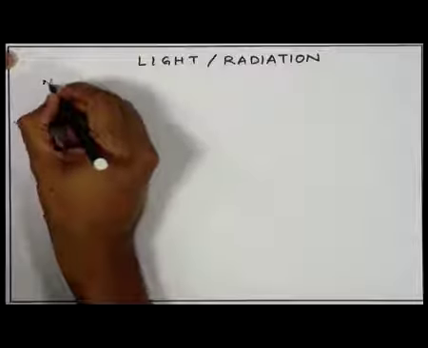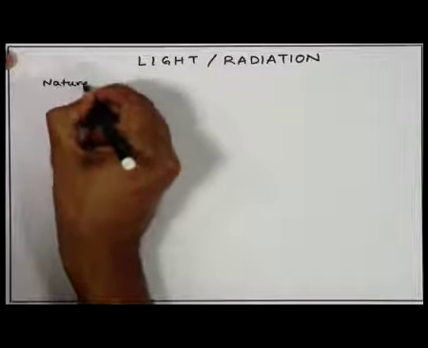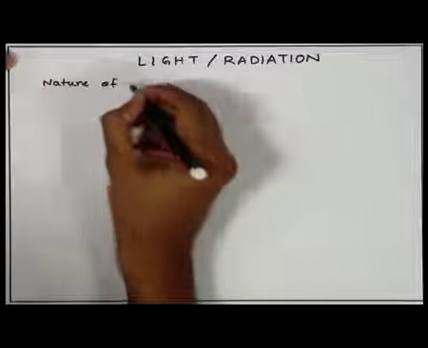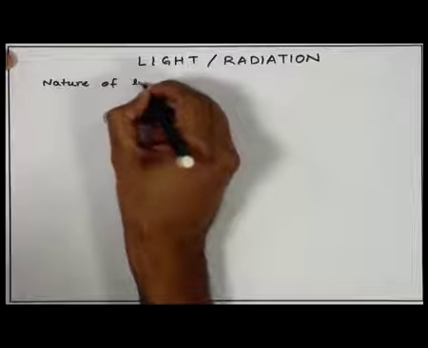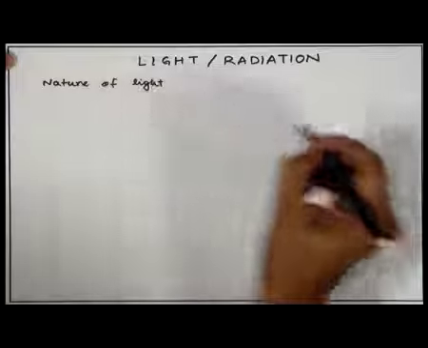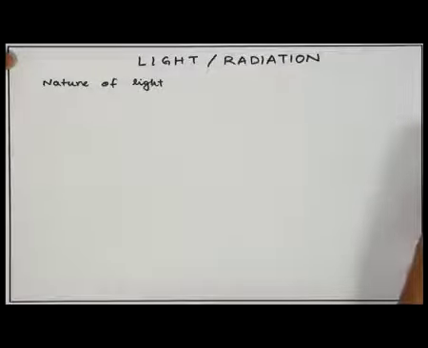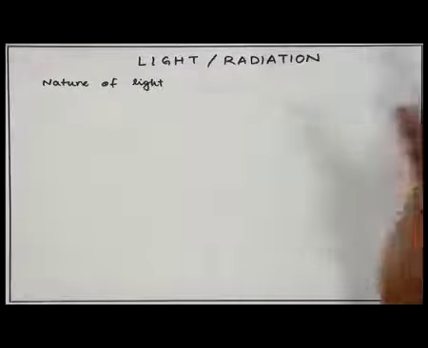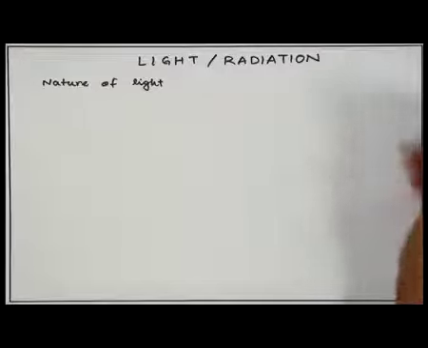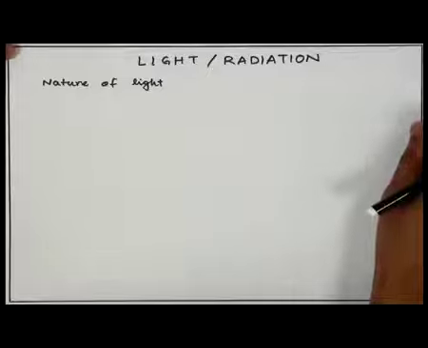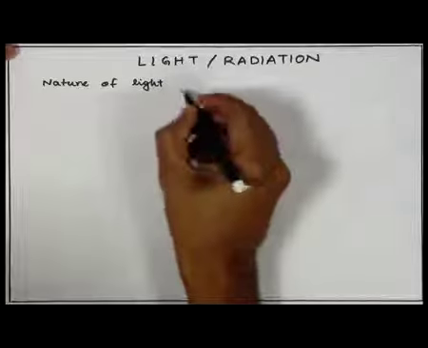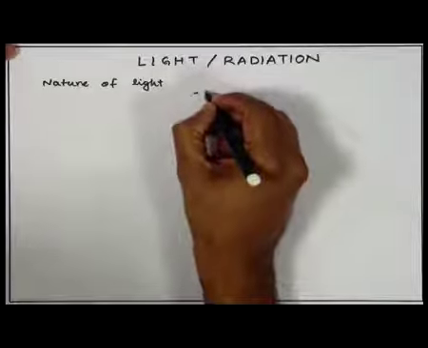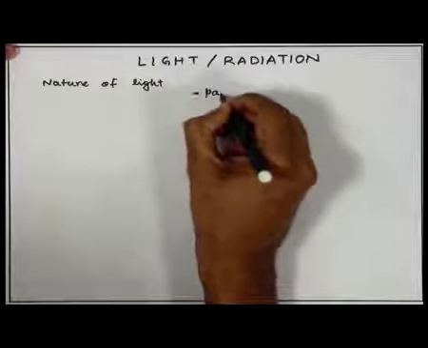Although we use light all the time, the nature of light has kept scientists busy for a long period of time. During Newton's time, light was believed to be like particles, the famous Newton's corpuscular theory. So for some time light was believed to be a particle.